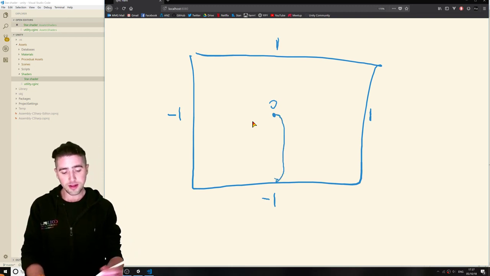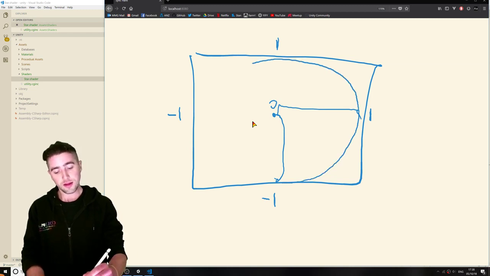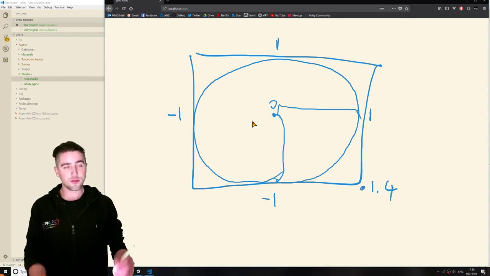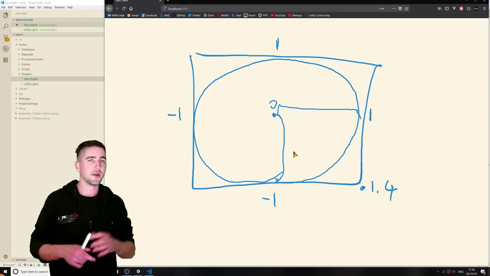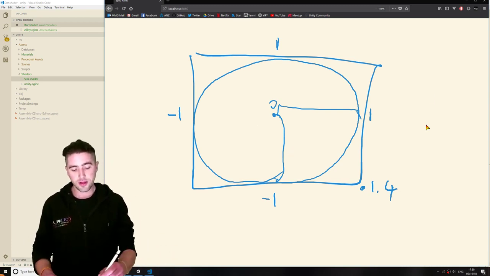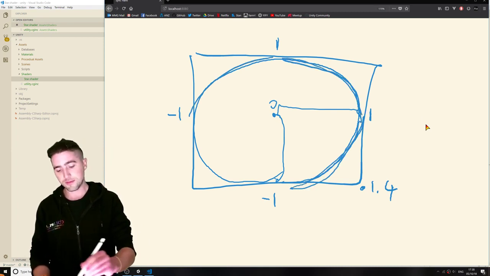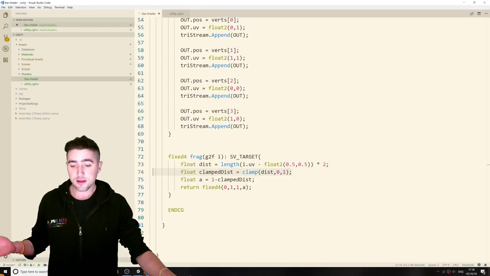If we're calculating a distance, then the distance of 1 would be like there, and I think the distance here would be about 1.4 or something like that, which would make things a bit weird if we're doing some sort of lerping and stuff like that. So what we want to do is clamp it at 1. So at the very most, it's going to be drawn on these edges here. Okay, so that's pretty much what the shader does.